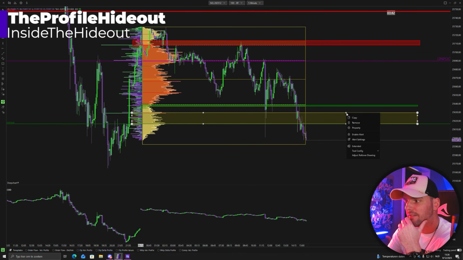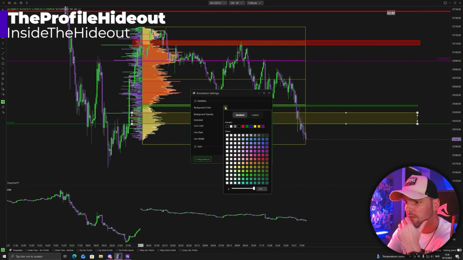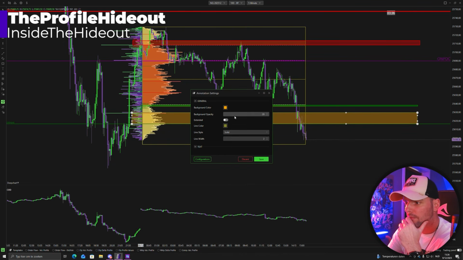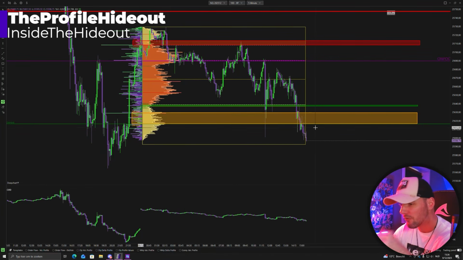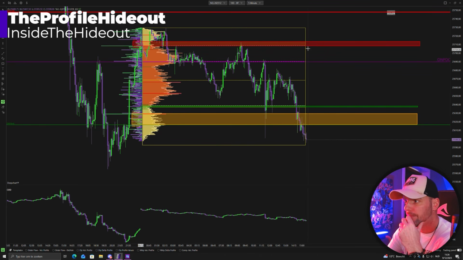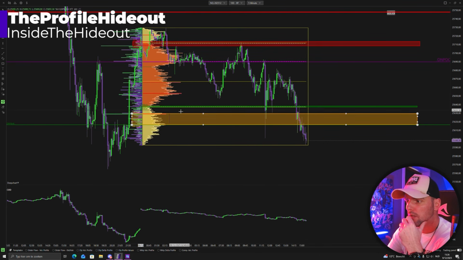I think that's not a bad thing to do. But this is gonna be the line in the sand. As long as we keep rejecting this level, shorts. If we regain that level, I want to look for longs back into upper levels of value.